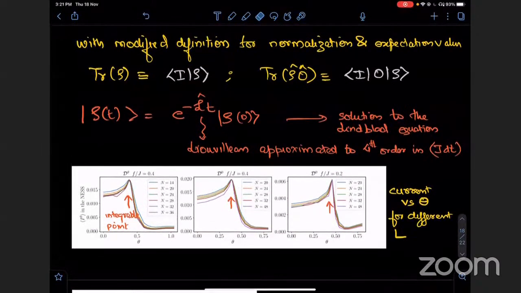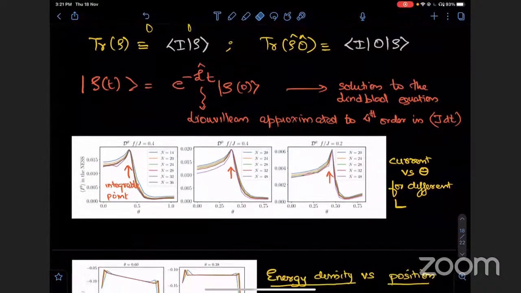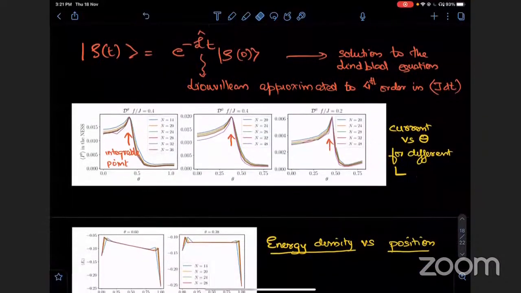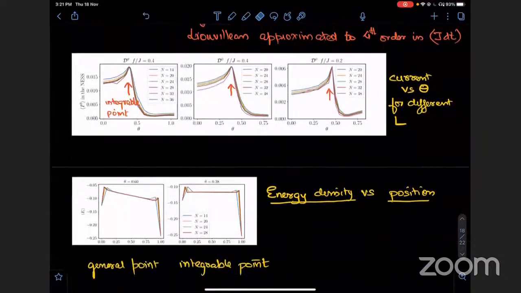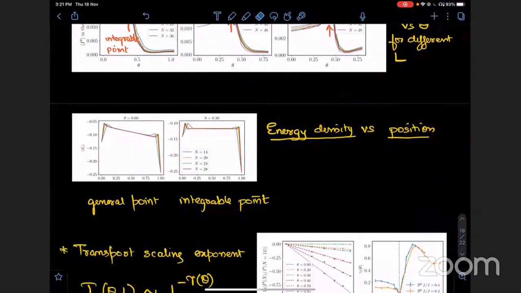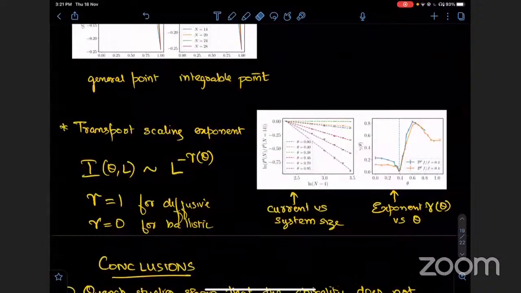So these show the current as a function of theta. Close to the integrable points, we get the maximal current that seems to be independent of the system size. This can be parameterized by the transport scaling exponent, which can be calculated from the current versus system size plots.